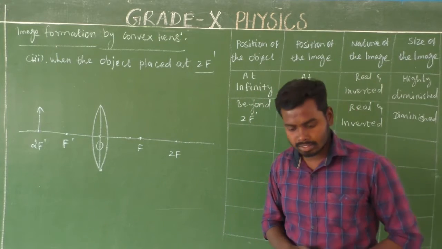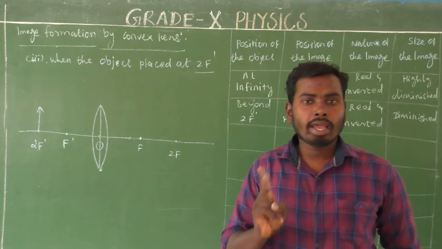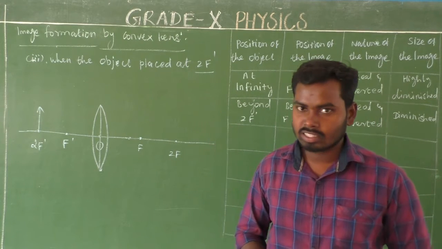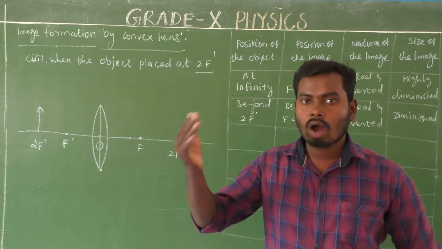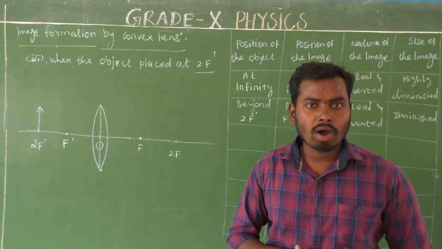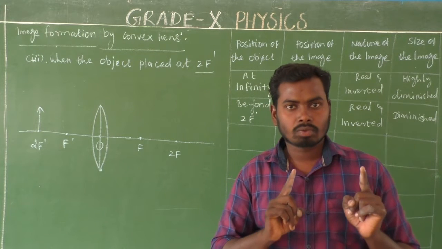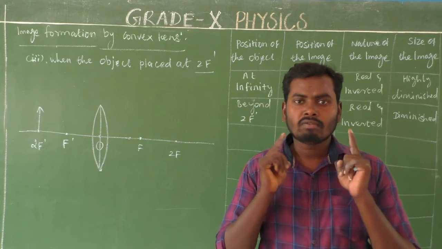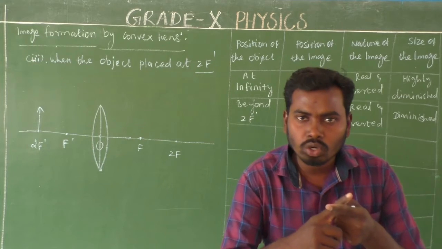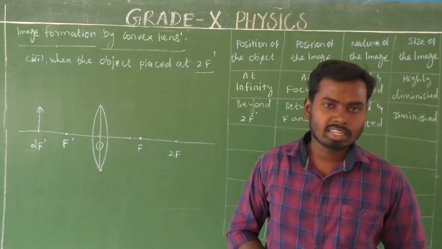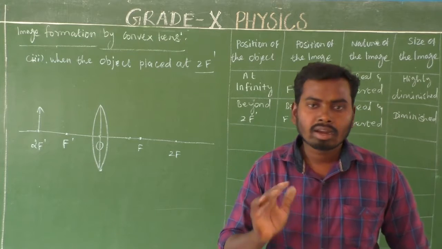So what is the rule to form an image? An image is formed where two refracted rays intersect together, which means where the two refracted rays join or converge together, there will be image formation. Keep this concept in your mind clearly.